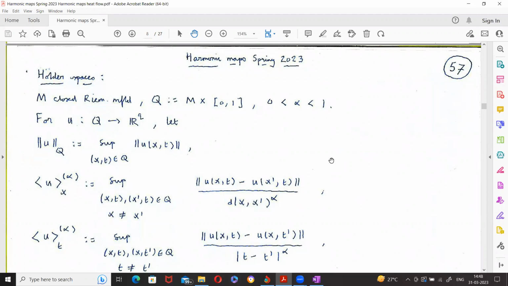That best constant C is called the Holder norm. So if the Holder norms of a sequence of functions are uniformly bounded, then the functions are equicontinuous, right? That's clear to see.